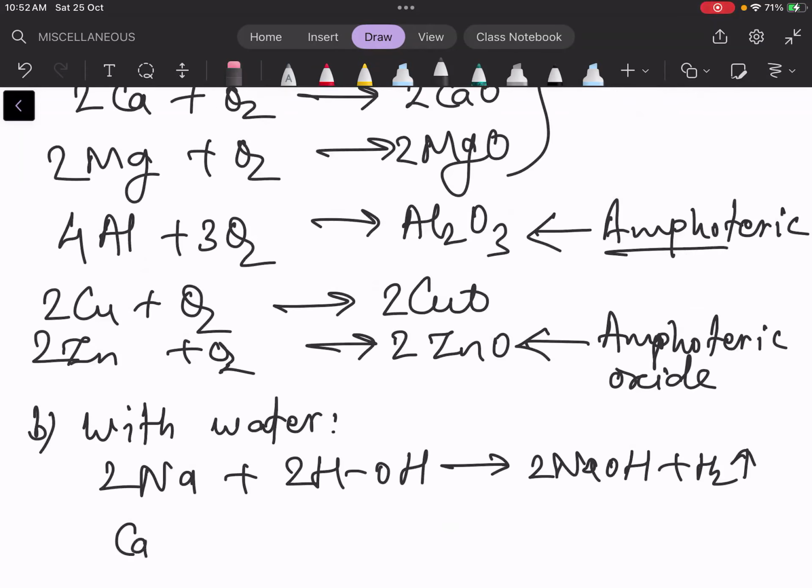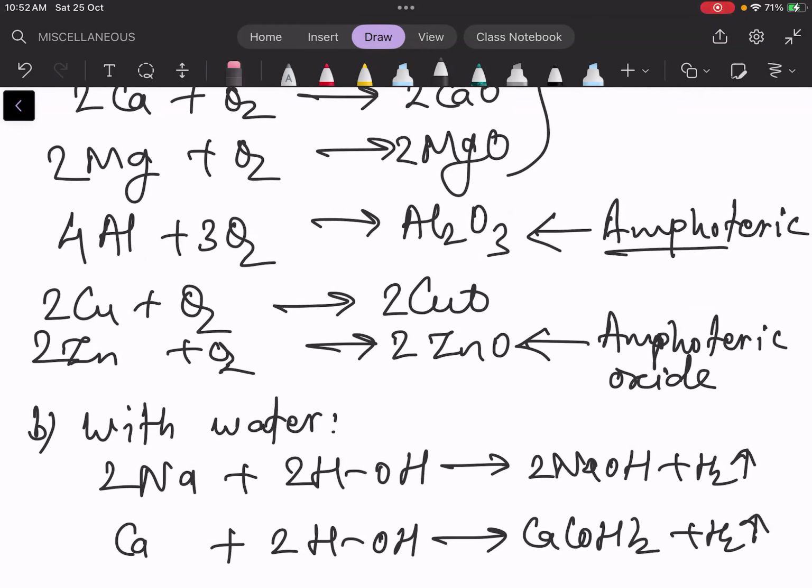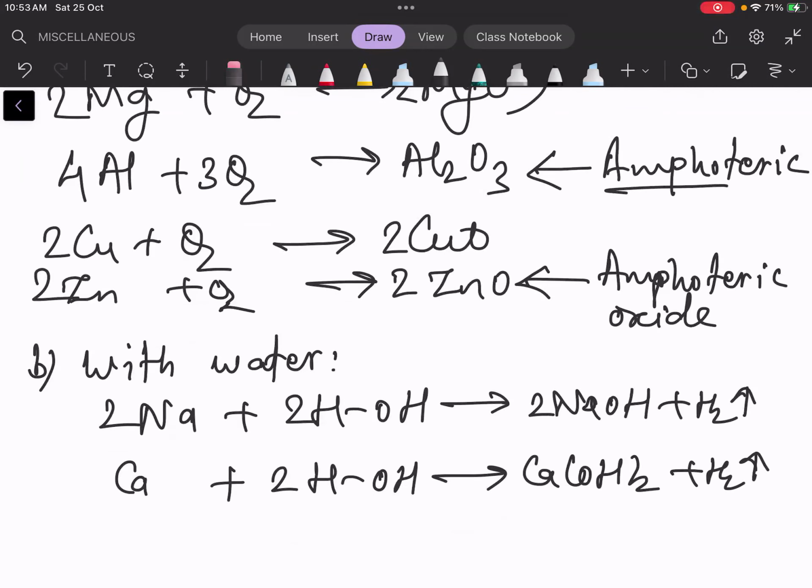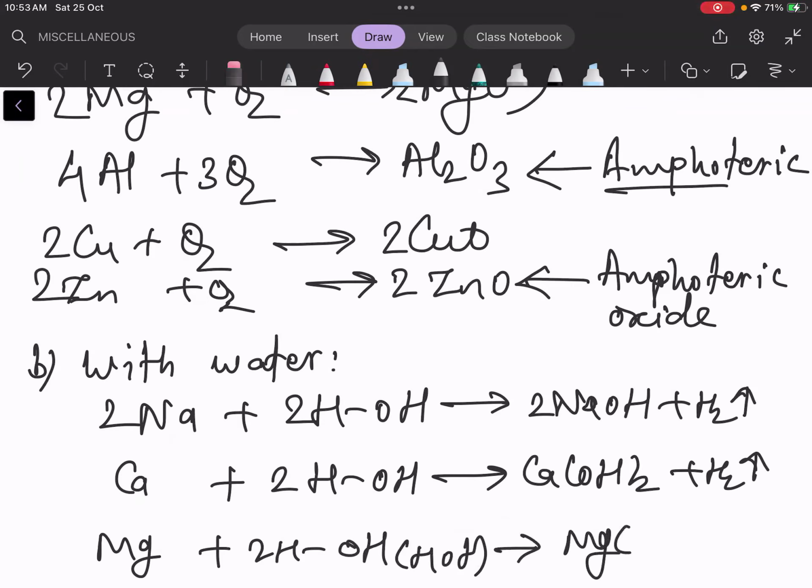Similarly, calcium combined with 2 molecules of water forms Ca(OH)2 plus H2 gas given out. Now, magnesium does not react with cold water. Magnesium reacts with hot water and forms magnesium hydroxide and H2. Magnesium plus 2HOH, of course only hot water, so we'll get Mg(OH)2 plus H2. Right?